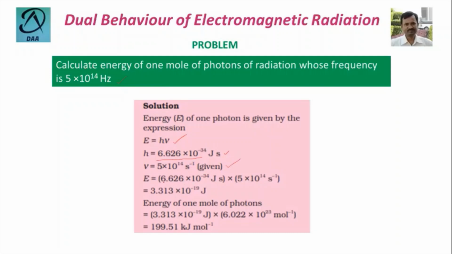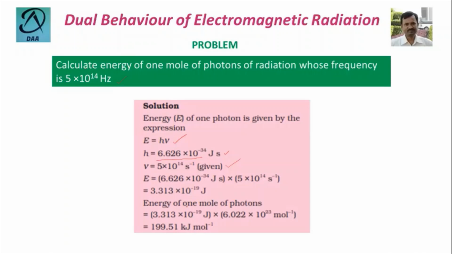It is given. So E is equal to h multiplied by nu, and ultimately the energy E is 3.313 multiplied by 10 to the power minus 19 joule. And this is for a single photon.